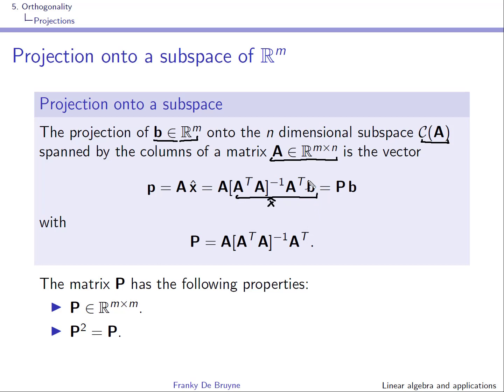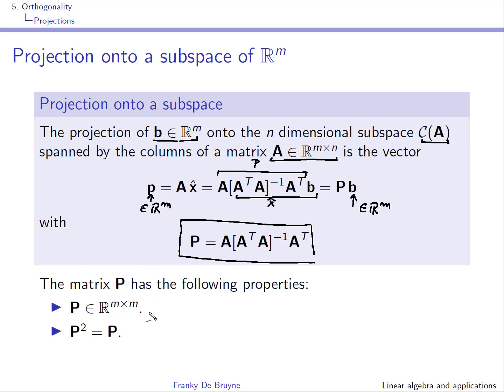If we are interested in the projection matrix, which is the matrix P that will take B to its projection, you're seeing it over here, and it leads to this matrix. It's an m by m matrix. You could take all dimensions of A transpose and so on and find that it is indeed an m by m matrix, but it's maybe easier to see that B is in Rm, and the projection is also in Rm.